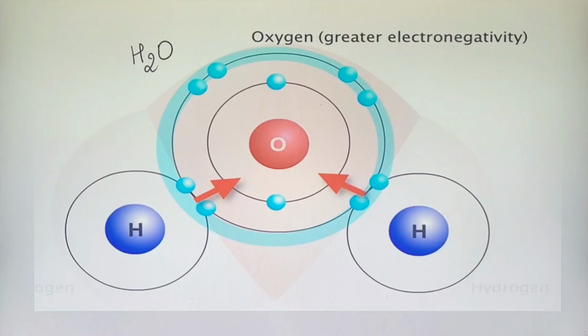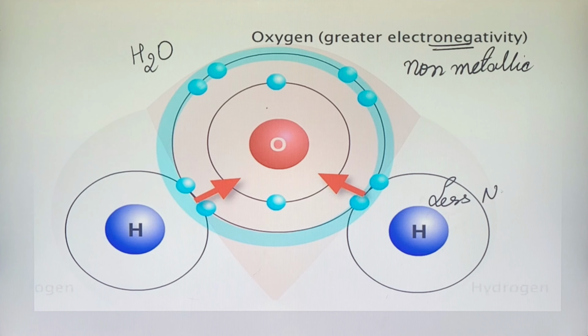Yes, we know that oxygen is more electronegative, or more non-metallic in nature. Hydrogen is also a non-metal, but it is less non-metallic, whereas oxygen is more non-metallic. So what is it going to do, children? Oxygen is going to pull the shared pair of electrons more towards itself. Am I clear? So oxygen is the more electronegative element here.